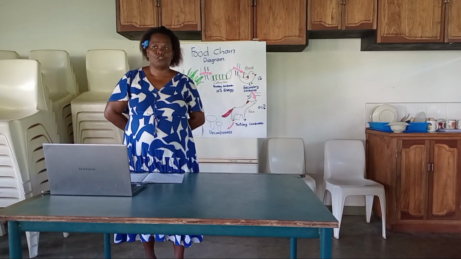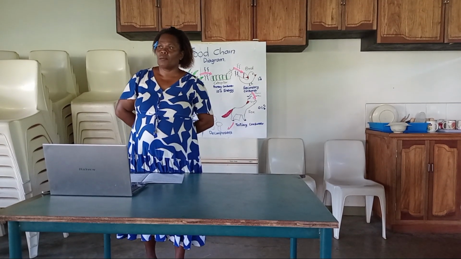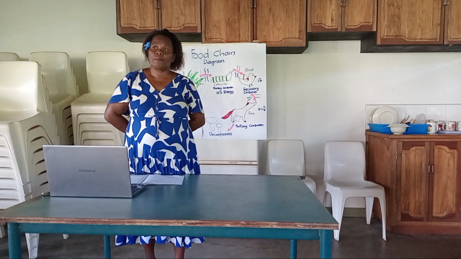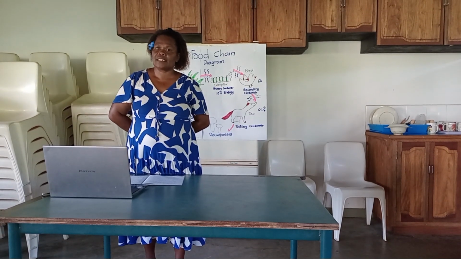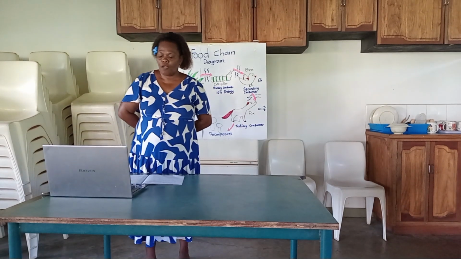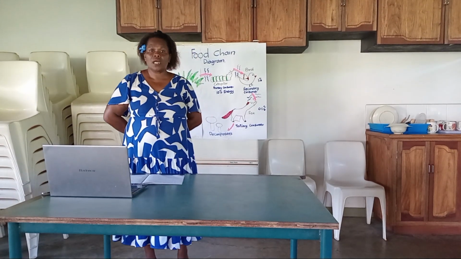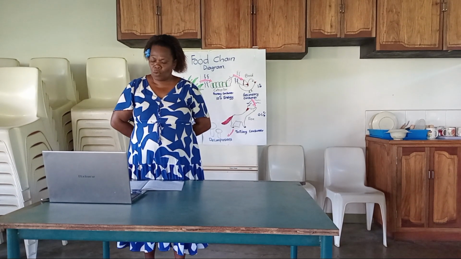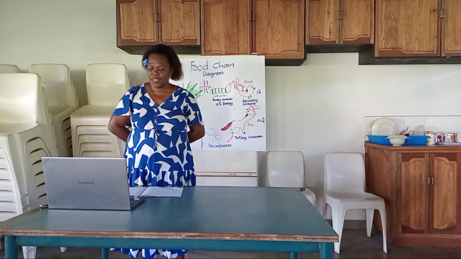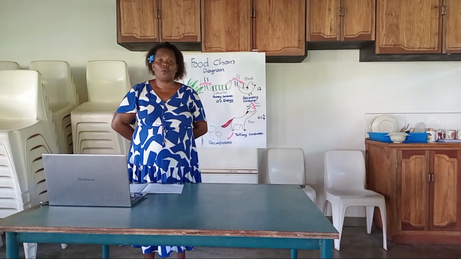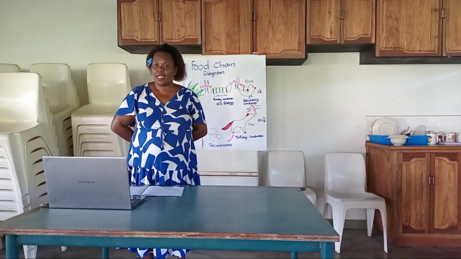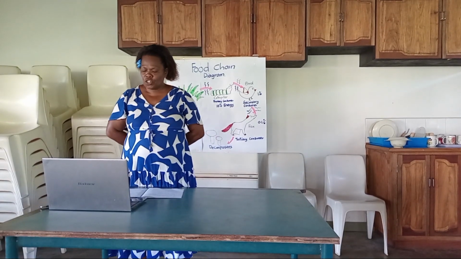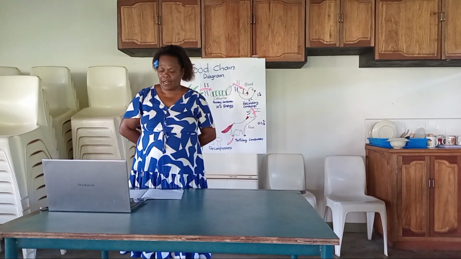Today I'll be talking about the food chain at a more advanced level, that's in year 7. A food chain shows how energy moves from one living thing to another. It tells us who eats what and how energy flows in an ecosystem. Each step in a food chain is called a trophic level.